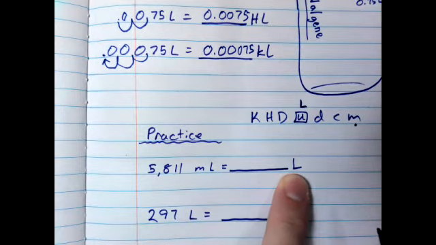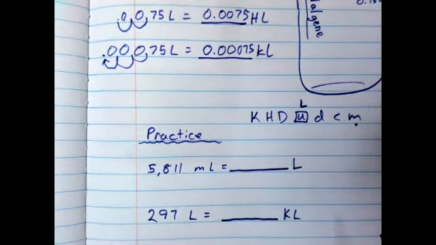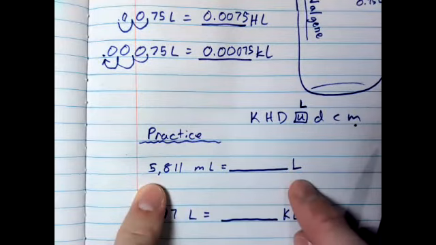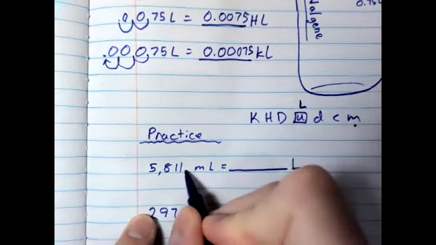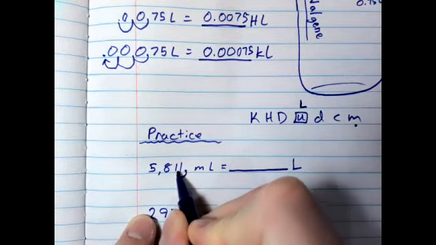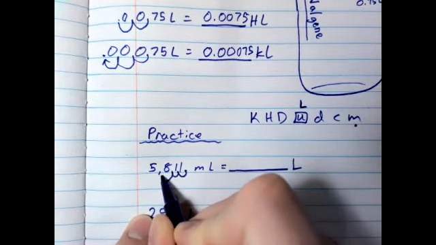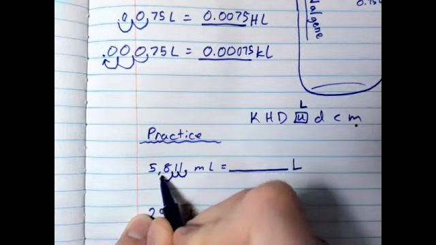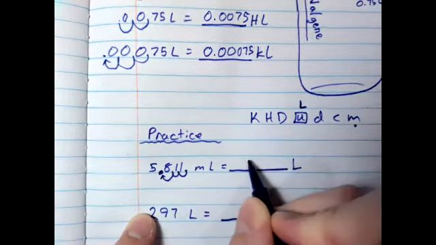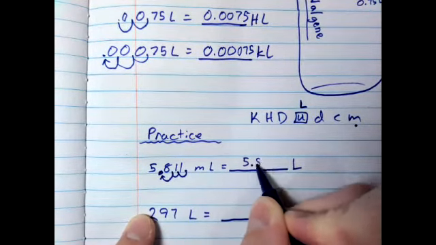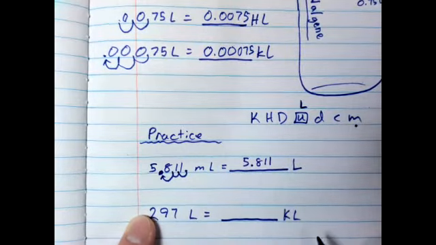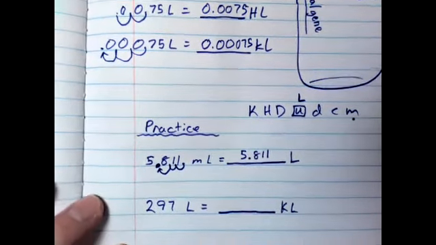How many spaces? Try to convert it. All right, my decimal begins here. I'm going 1, 2, 3. So my comma is being replaced by a decimal. So I get 5 and 811 thousandths of a liter.